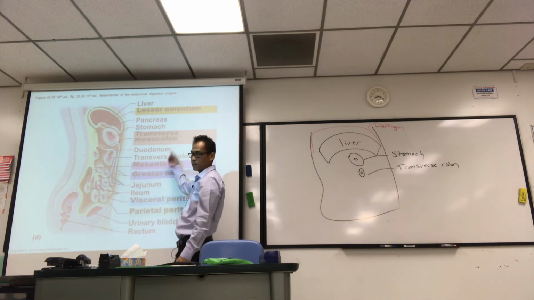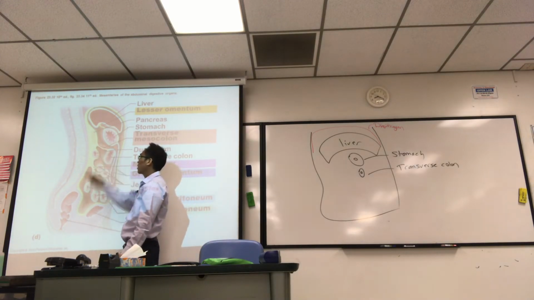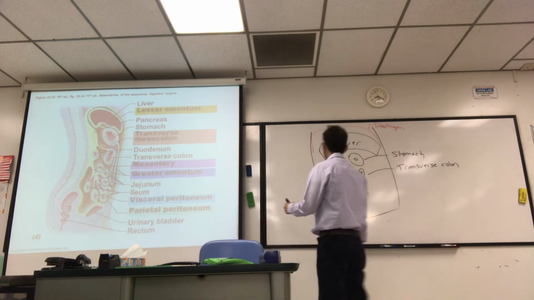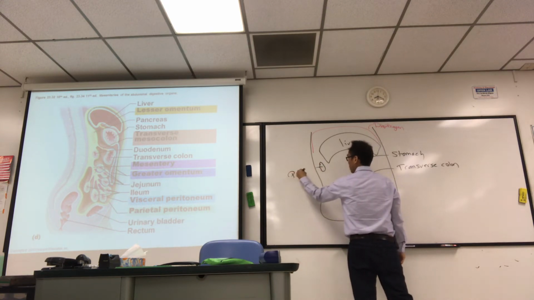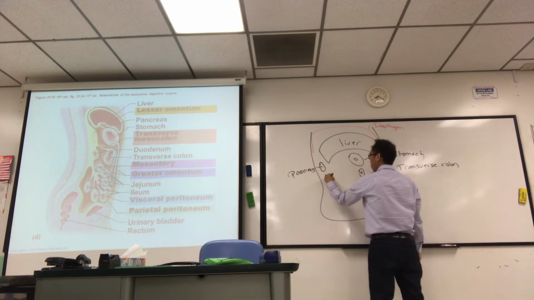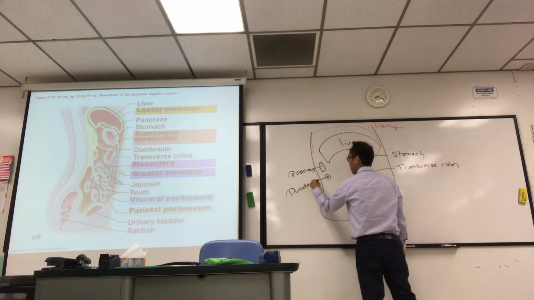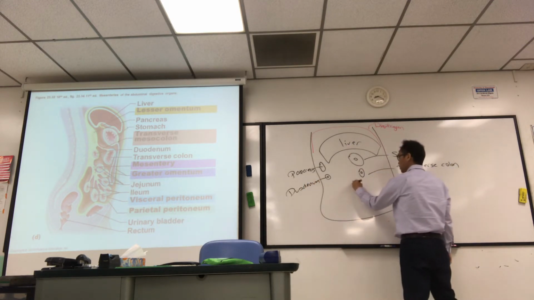They're all connected, but in a sectional view, it looks like they're disconnected. But the duodenum and pancreas are retroperitoneal, behind the stomach and transverse colon. Pancreas, and then part of the duodenum. And then a bunch of small intestines.